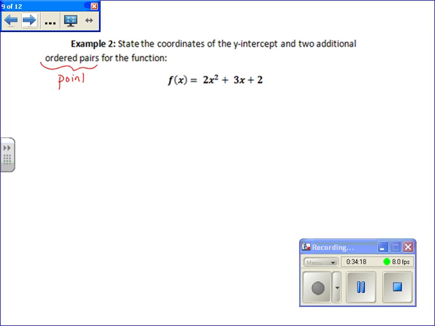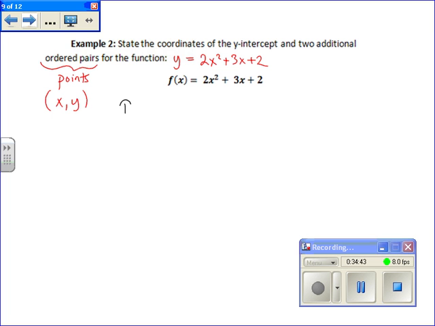I want to introduce you to some different language here. Ordered pairs just means a pair of x and y coordinates. So just another point for this function. F of x, which is, by the way, the same as y, equals 2x squared plus 3x plus 2. And I want to know what is the y-intercept and 2 other points.